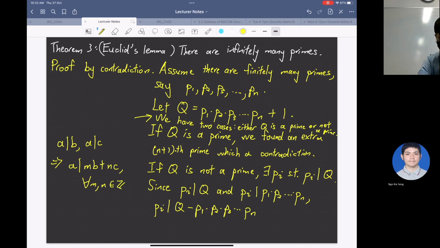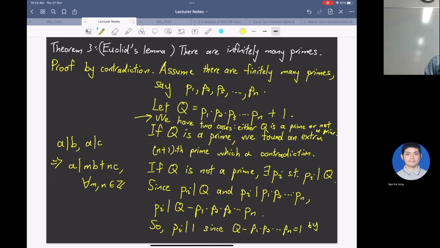But Q minus the product of P1 up to Pn is what? It is 1. So Pi divides 1, since Q minus P1 up to Pn is 1.